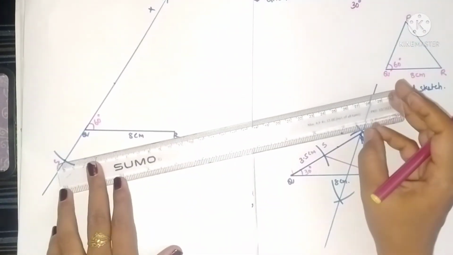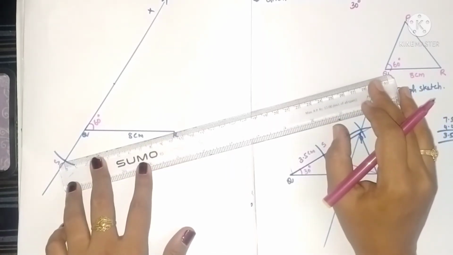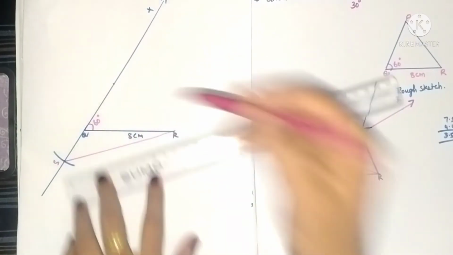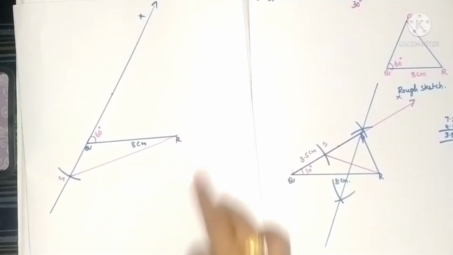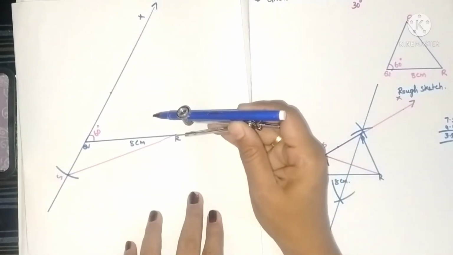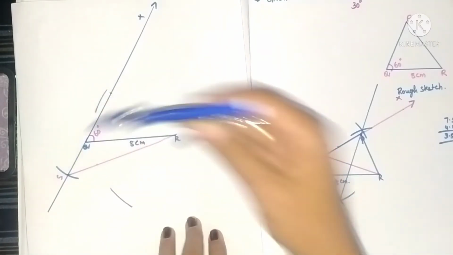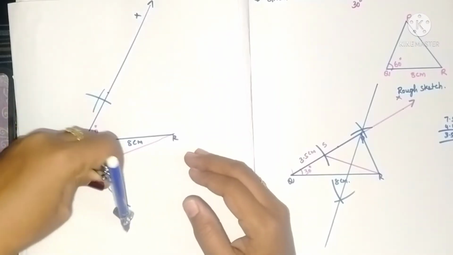So join R and S. Now draw the perpendicular bisector to this RS. Take more than half and draw two arcs like this, and from S also draw an arc.